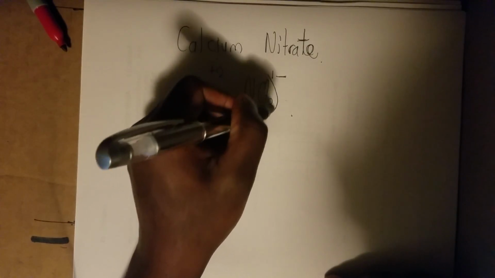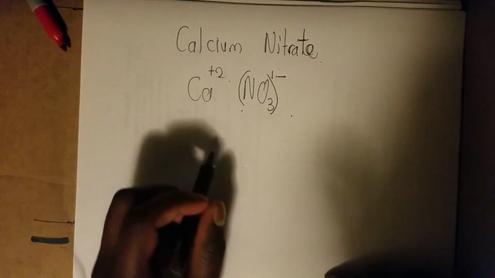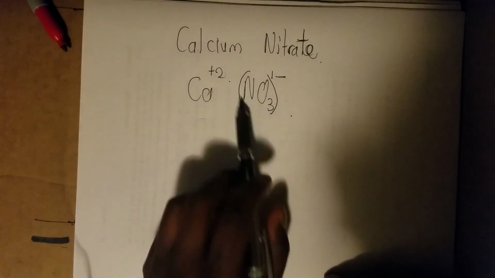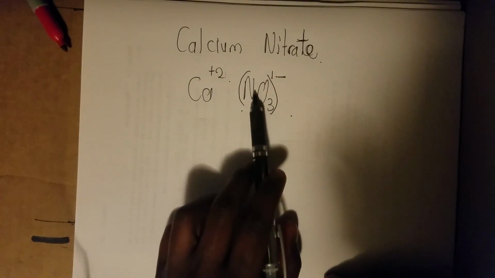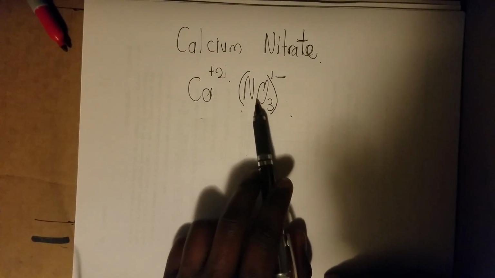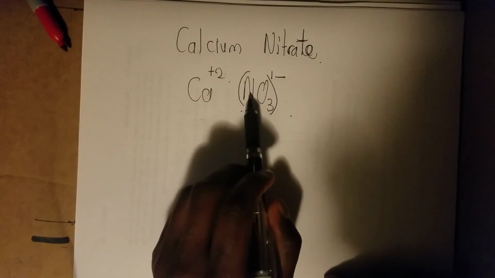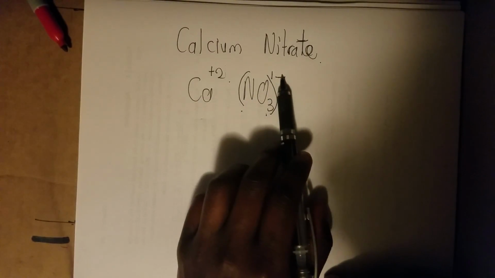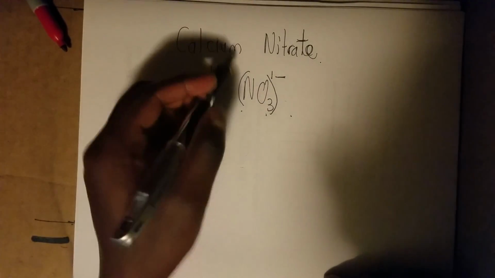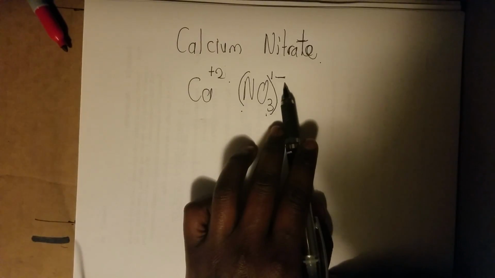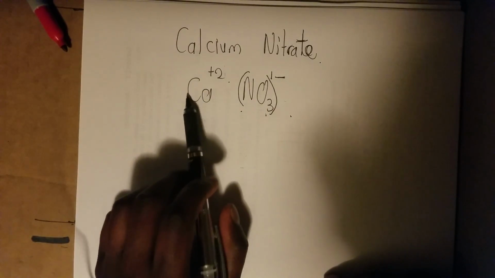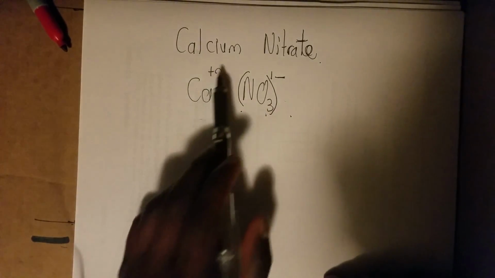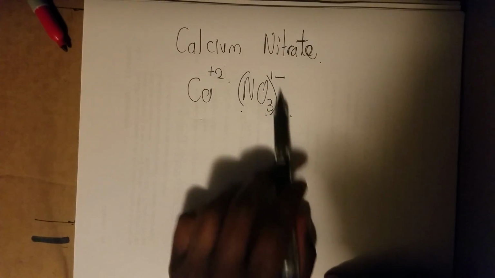This whole thing is the polyatomic compound. This is not -1 for each one. NO3 has a -1 charge. This is one calcium with a +2 charge. So you have to balance these charges.